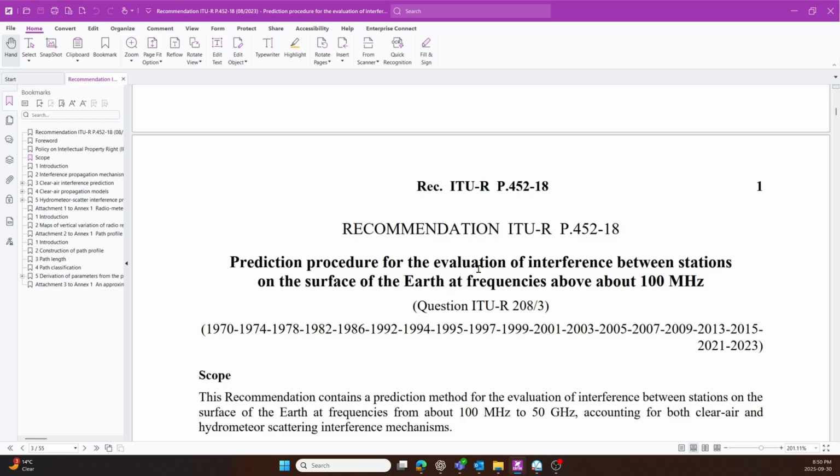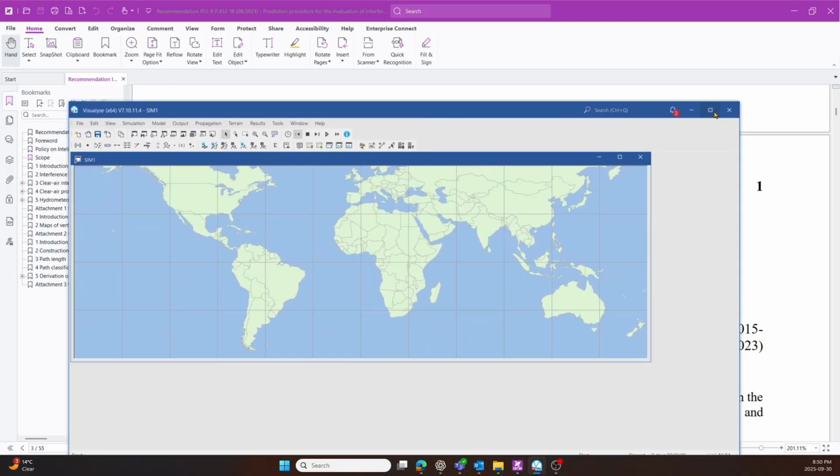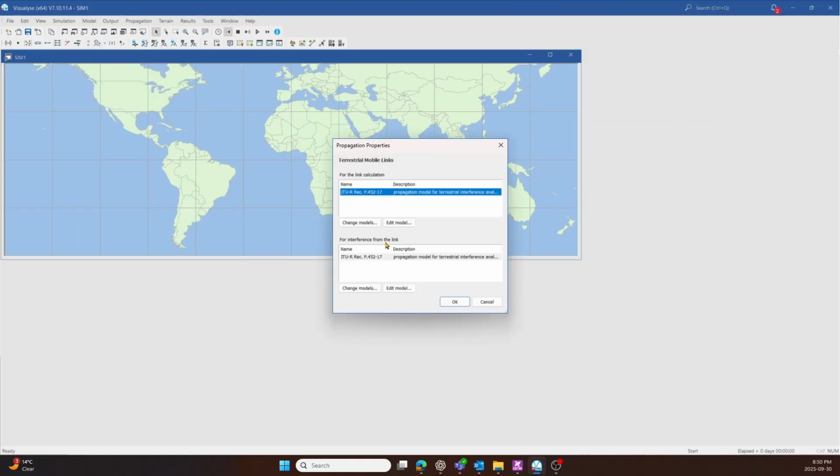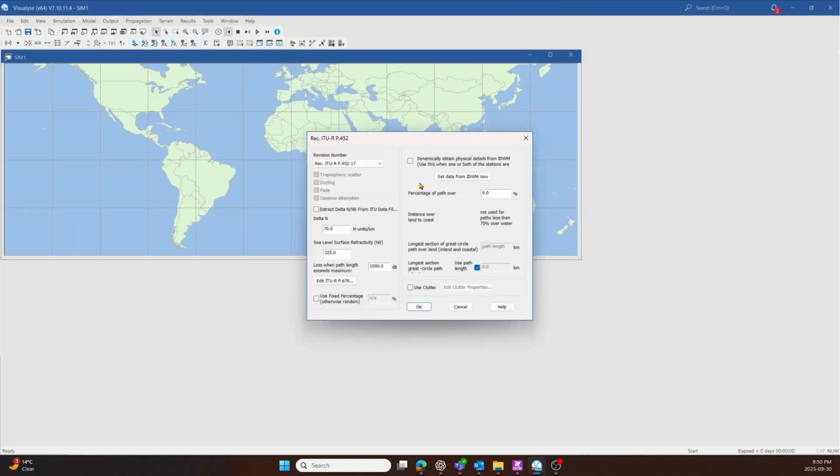But sometimes, for example in the software that I am using, if I open this propagation model 452, you can see that there are a bunch of parameters that you can choose, and some of them surprisingly change the results even when you slightly change them.